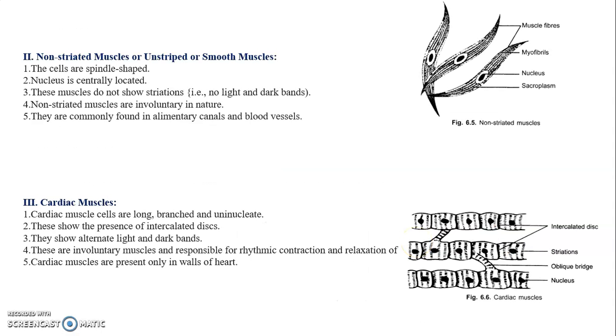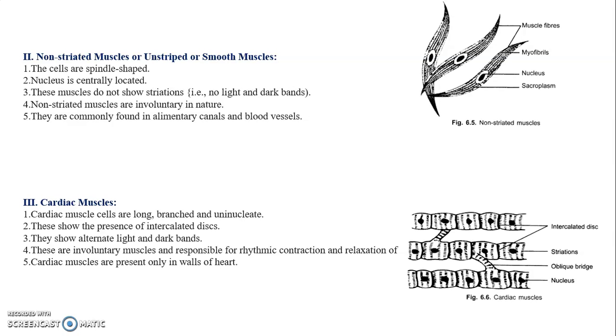Then we come to the non-striated muscle fibers. On the right-hand side of this slide you can see these boat-shaped, single-nucleated muscle fibers, which are smooth muscle fibers, and they are spindle shaped or boat shaped, which is clearly shown here. The nucleus is centrally located in each muscle cell, and these muscles do not show striations, so there is no appearance of dark and light bands under the microscope.